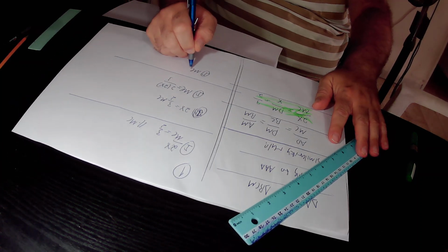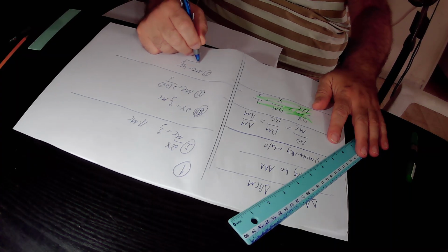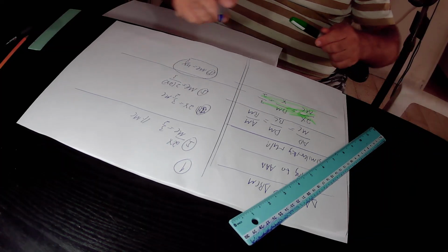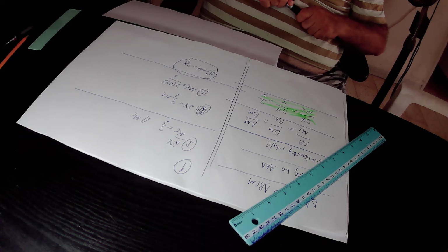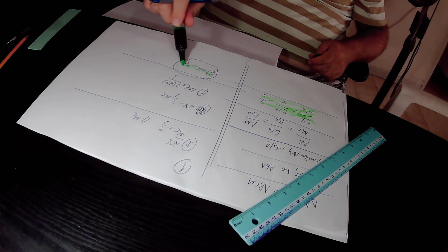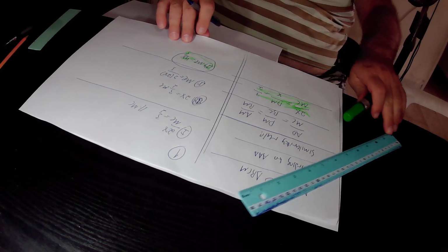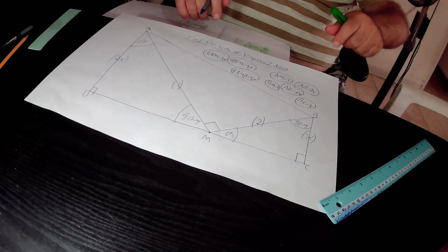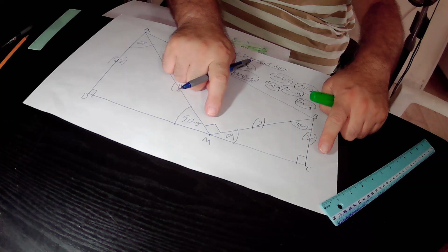So MC equals 4x over 3. This is side MC, which equals 4x over 3.